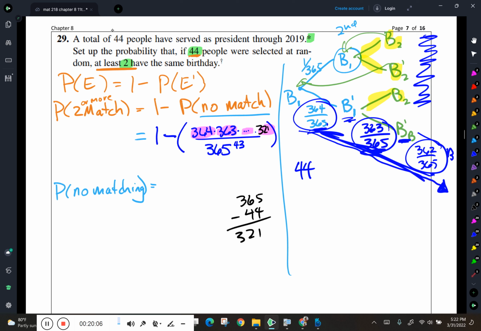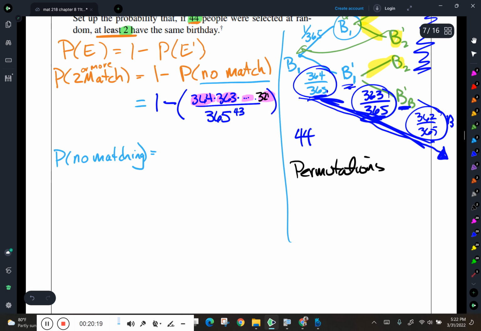Now, luckily for me, I recognize another pattern here. I don't know if you recognize it or not. I'm hoping you did. Remember back when we did permutations? And we said P(10, 3) meant 10 times 9 times 8 when the math was done.